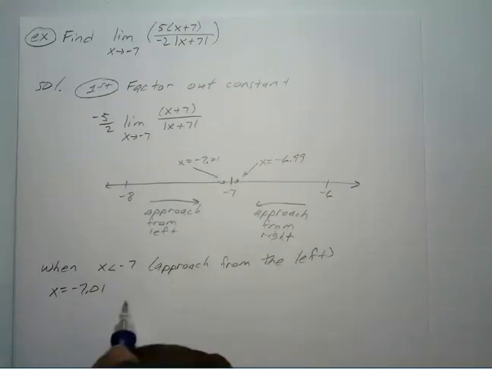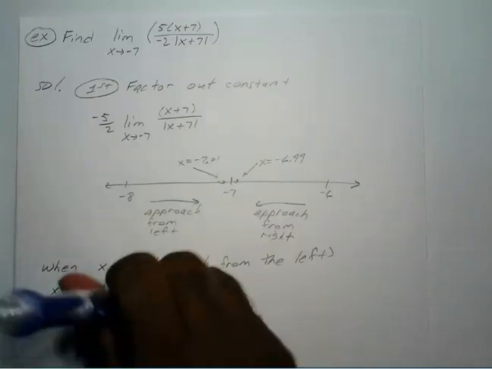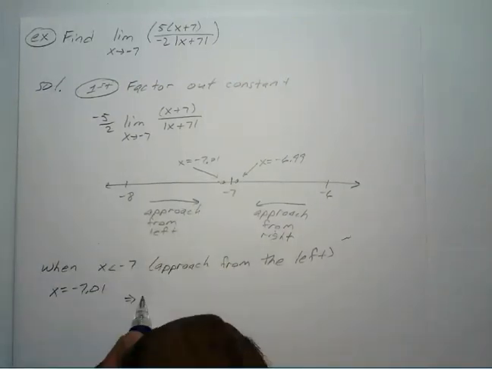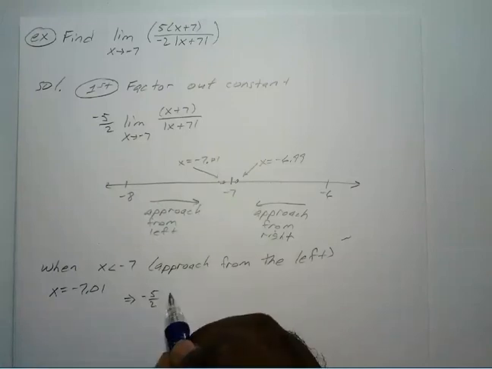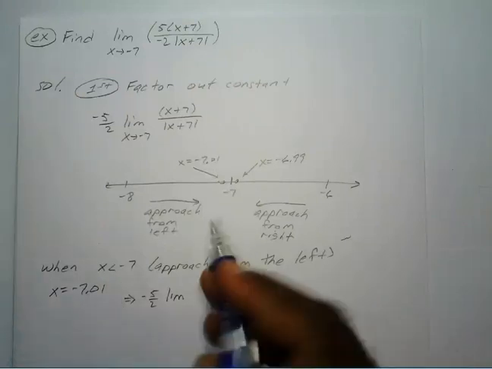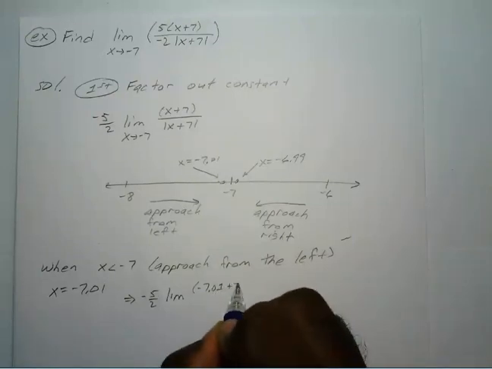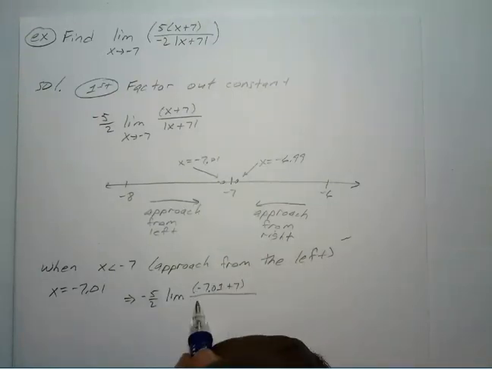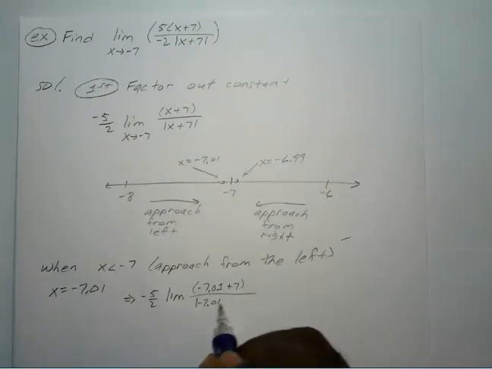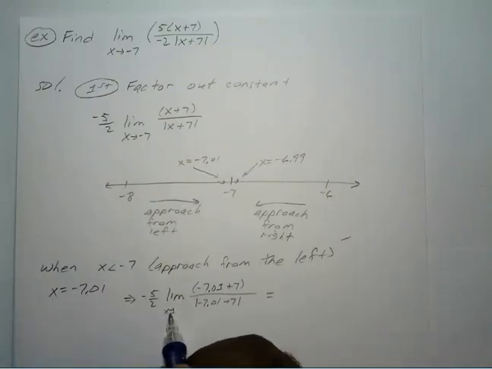Okay, so what does that give us? Let me rewrite that. Forgot my negative 5 over 2. So negative 5 over 2 times the limit, and we just replace x with negative 7.01. Negative 7.01 plus 7 over the absolute value of negative 7.01 plus 7, as x approaches negative 7.